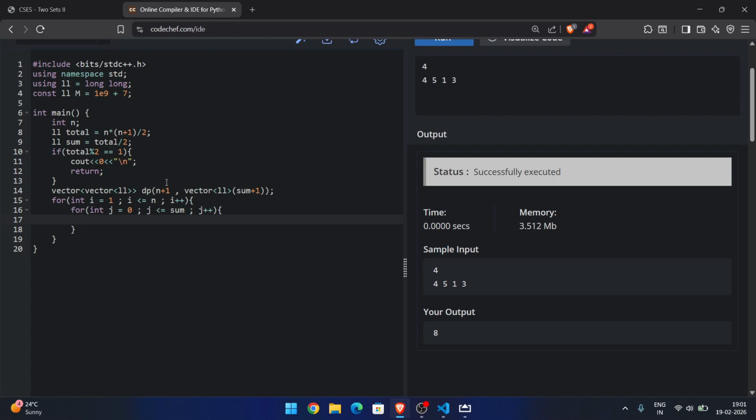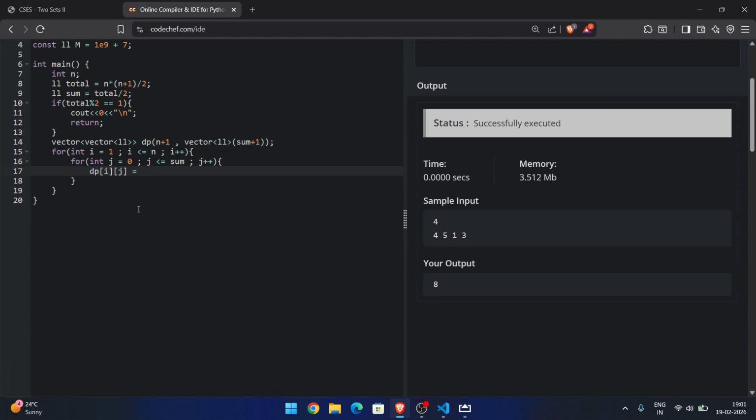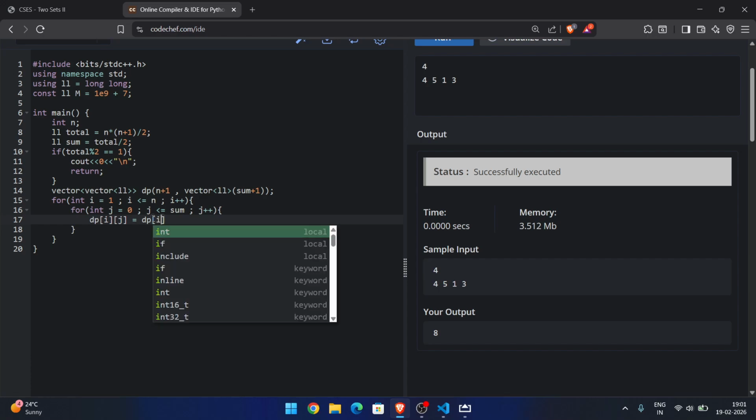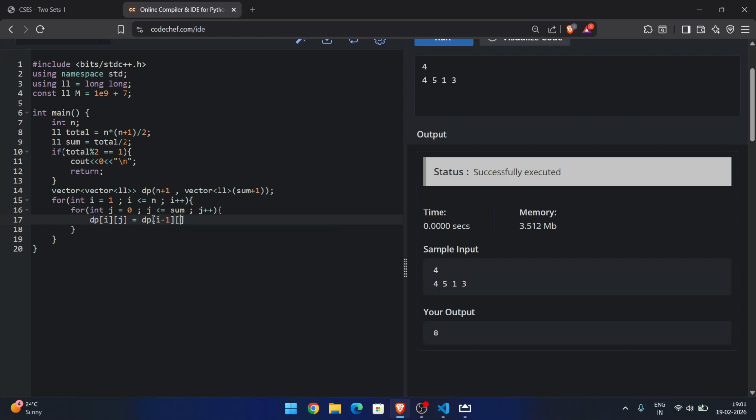So for this value, what were we looking for? For the current sum, what are the ways we can get it? I can either get it if I wish to not take this, then the answer would be dp of i minus 1, j only.